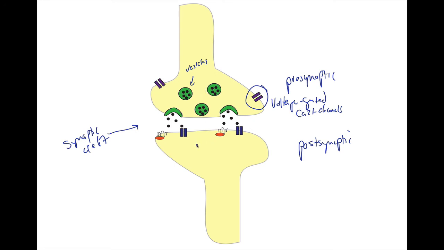On the postsynaptic neuron, we have two receptors. We have the ligand-gated ion channel, and we have the G protein coupled receptor. These are the two types of neurotransmitter receptor, and we'll have much more to say about them later.